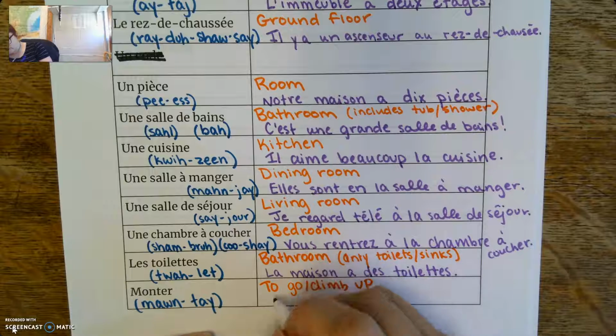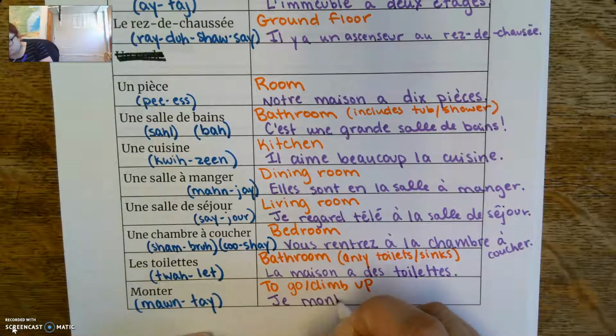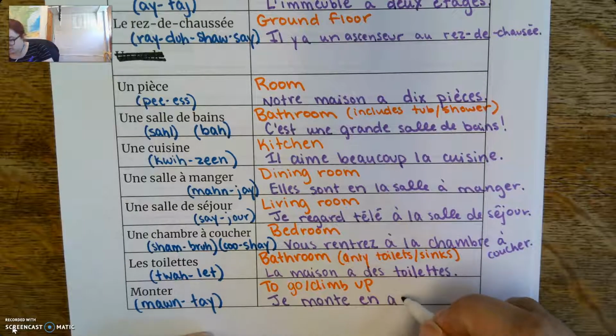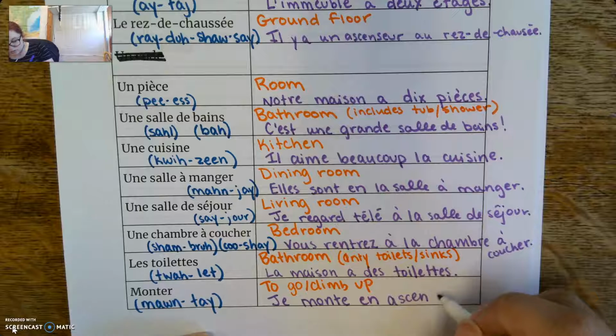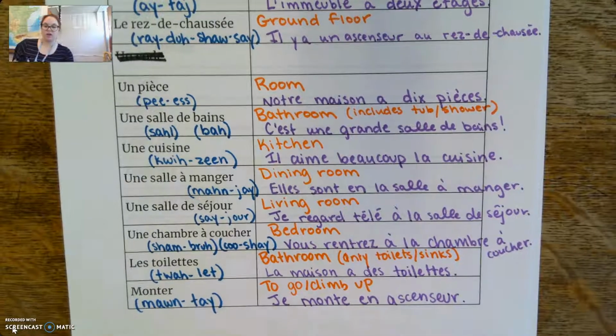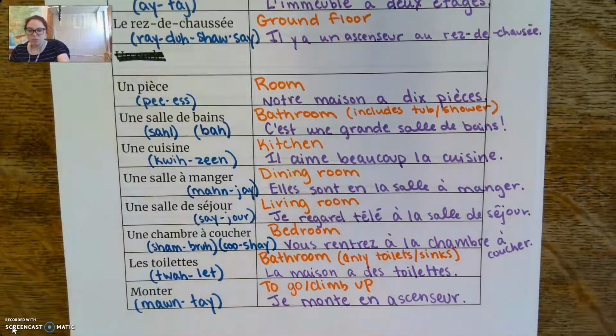So if you use the elevator, you might say something like je monte en ascenseur. So I go up in the elevator. So we've got just a few more words left.